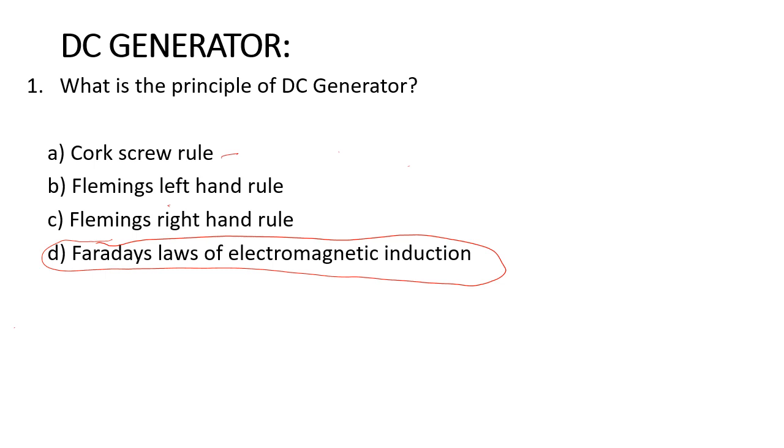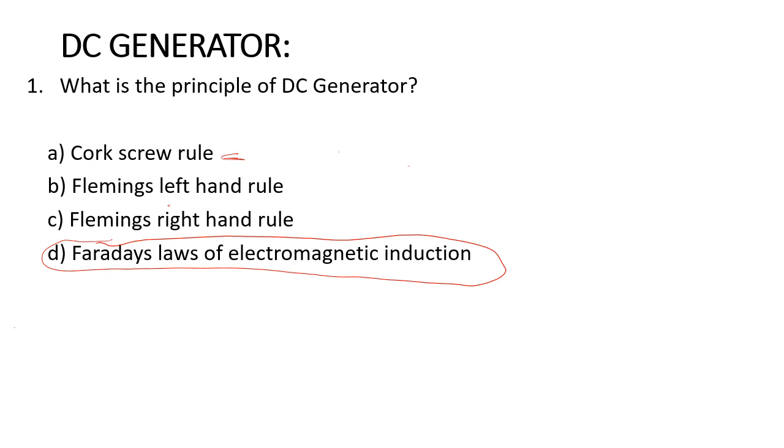So first, that is corkscrew rule. Corkscrew rule is also a rule which is related with the magnetic field and current. If we place a screw in our right hand, and our curled fingers indicate the direction of magnetic field, then the head of that screw will indicate the direction of current.